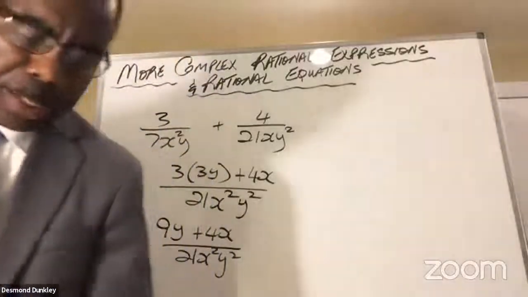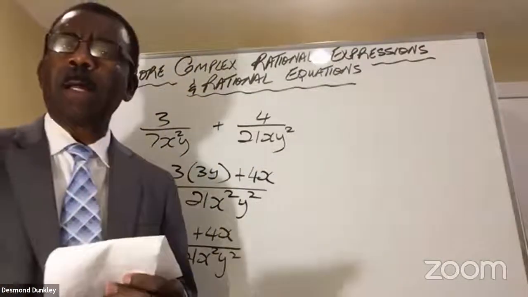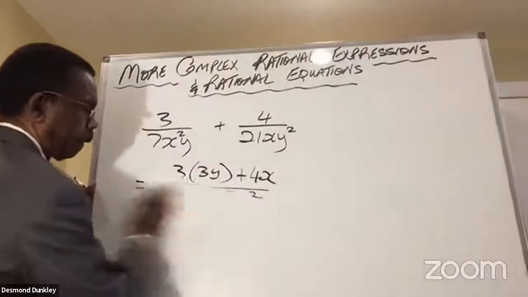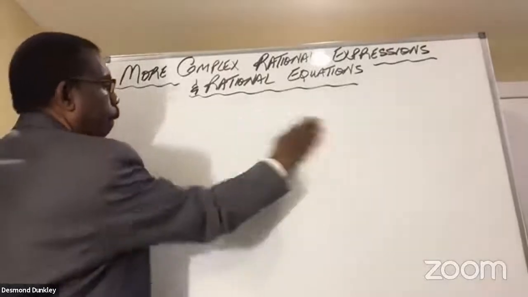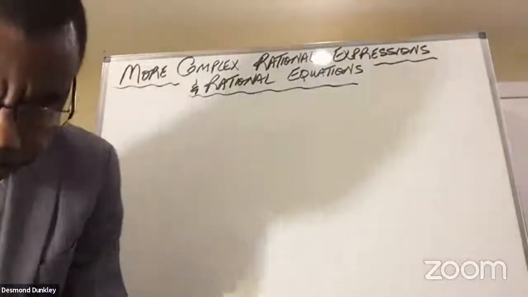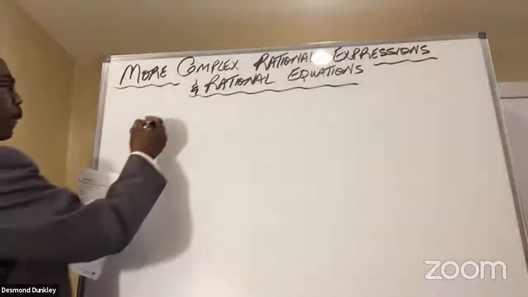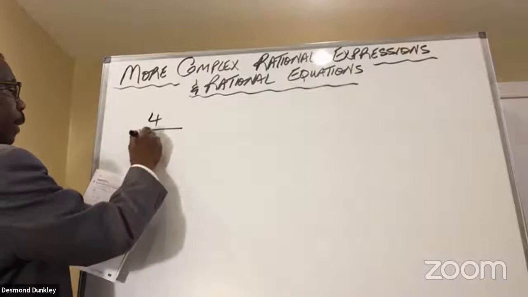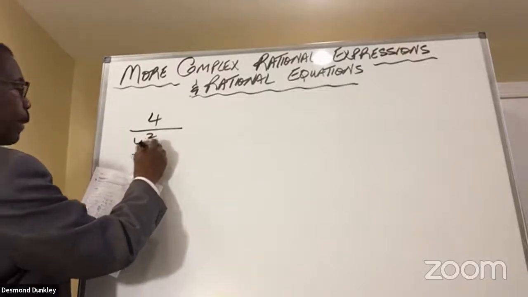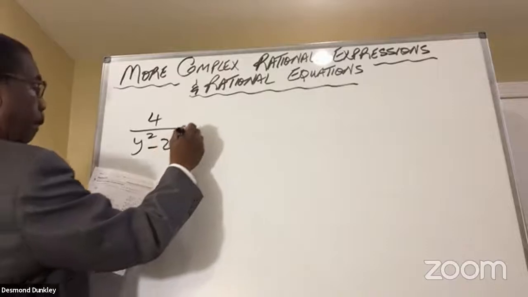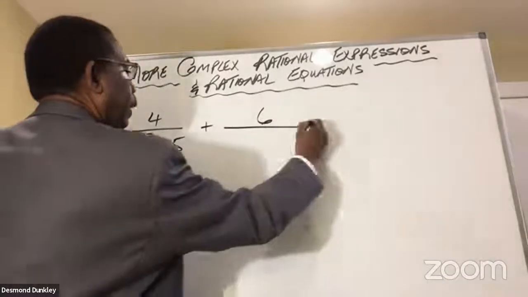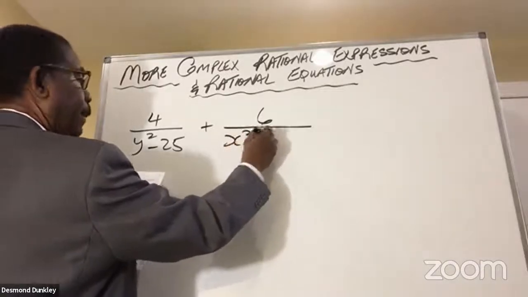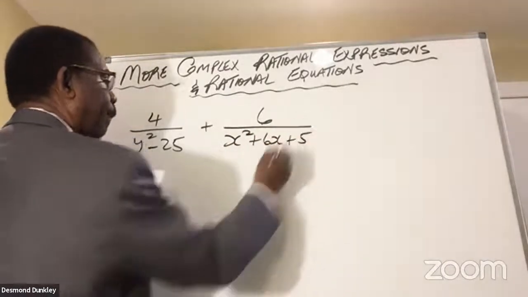Okay, so let's look at another one that involves more binomials and trinomials. Say, for example, we have 4 over y squared minus 25 plus 6 over x squared plus 6x plus 5.